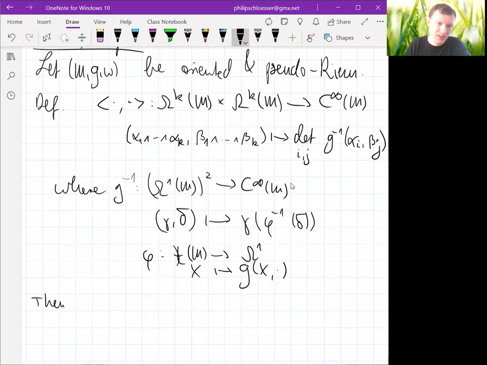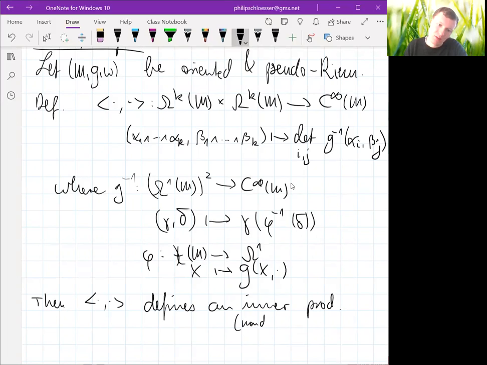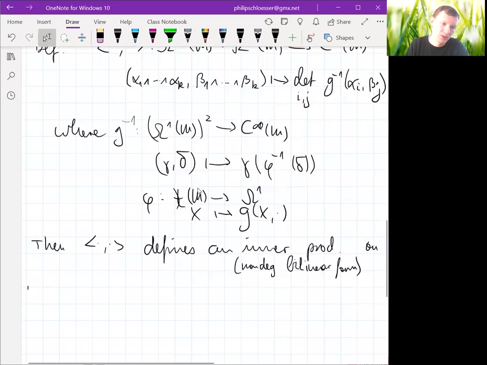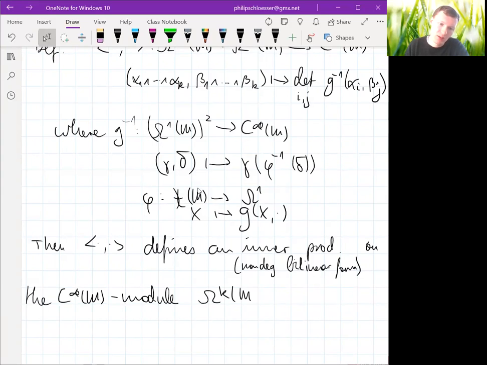What is the lemma part? Then this bracket defines an inner product, or I guess a non-degenerate bilinear form, on the C infinity M module omega k.